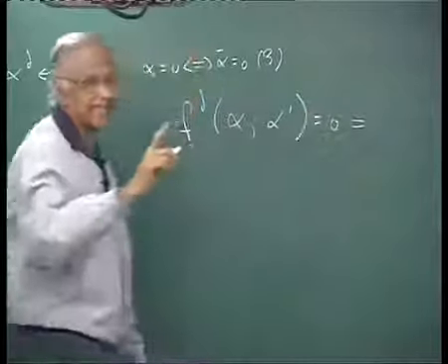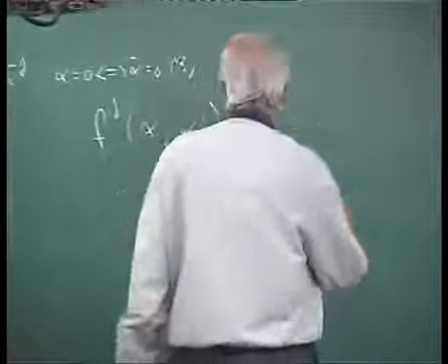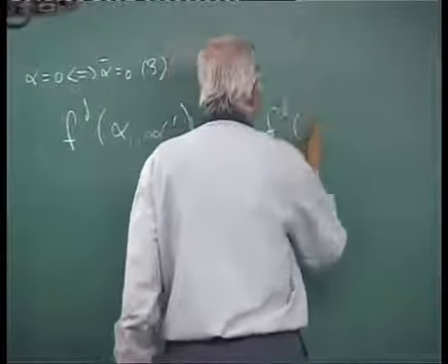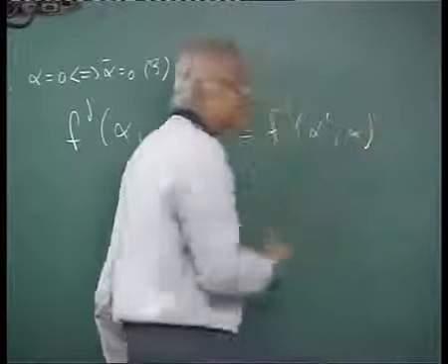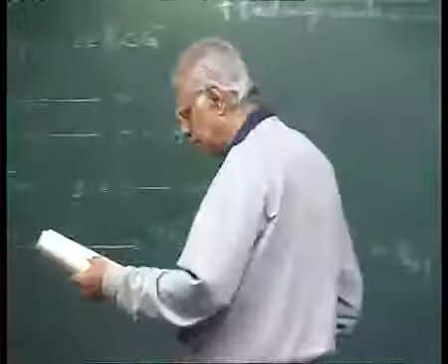Moreover, something else is guaranteed. What is that? F of alpha prime, alpha. Exactly. Why? Because we know we are dealing with a group, and we know that an inverse can be applied on the left or on the right.